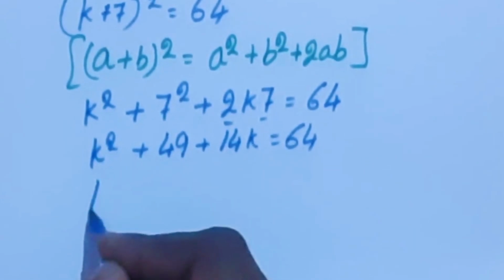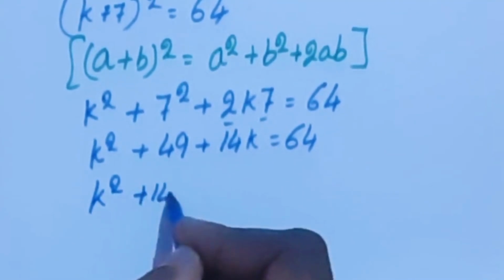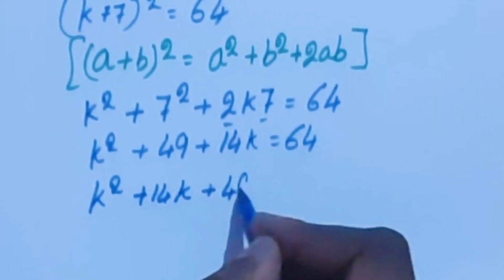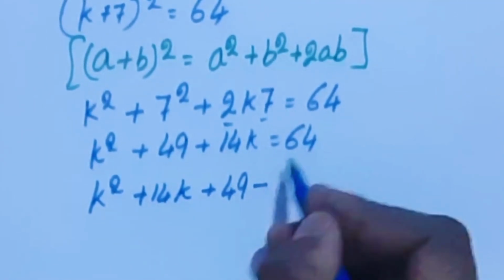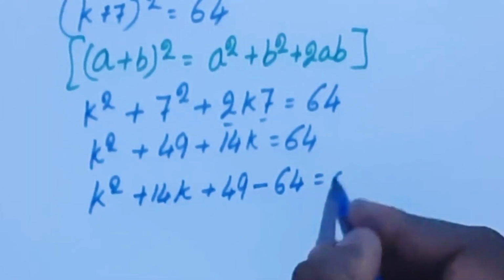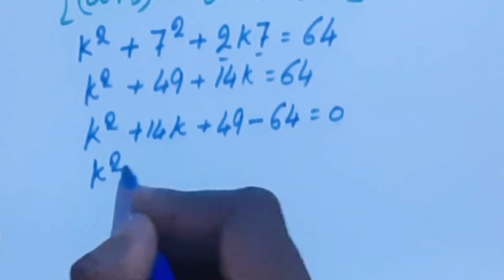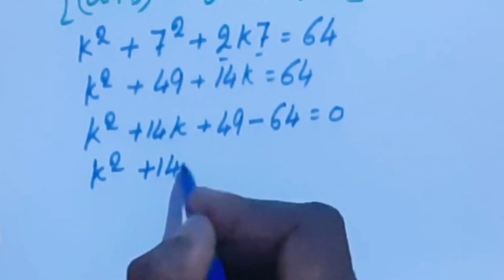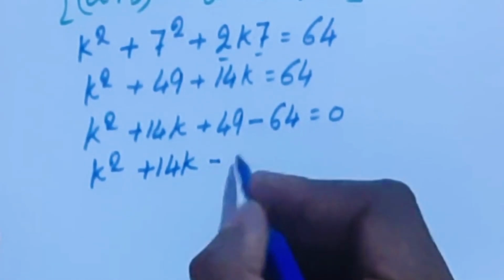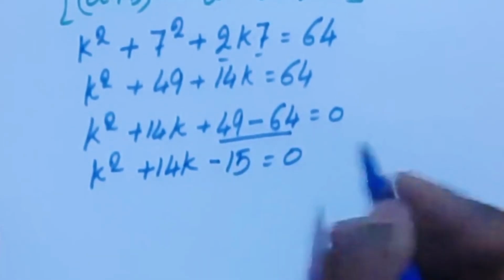Now k^2 + 14k + 49, we are moving 64 from the right to the left-hand side, so minus 64 equal to 0. So here k^2 + 14k - 15 = 0.